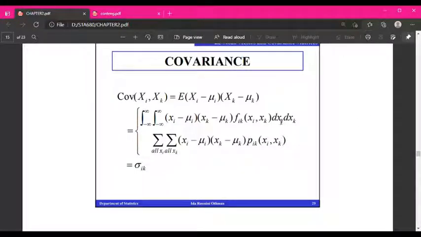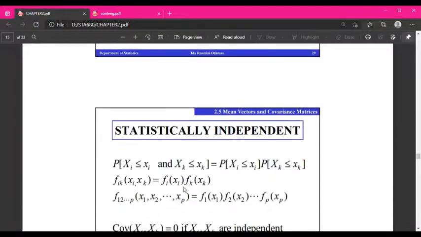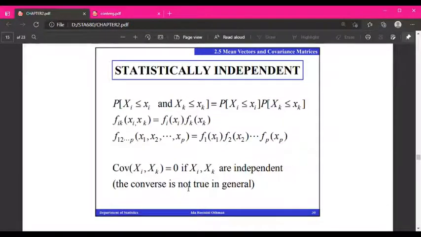With two random variables, the notation is sigma. But usually the covariance will be given in a variance-covariance matrix of the random variables.